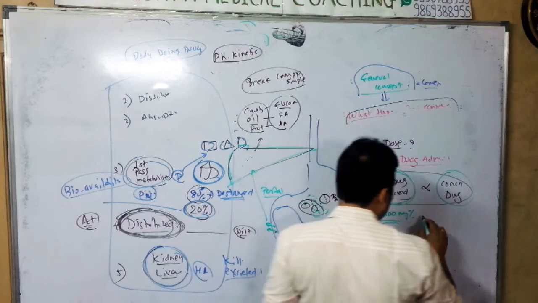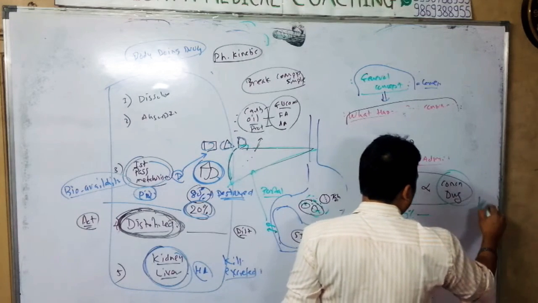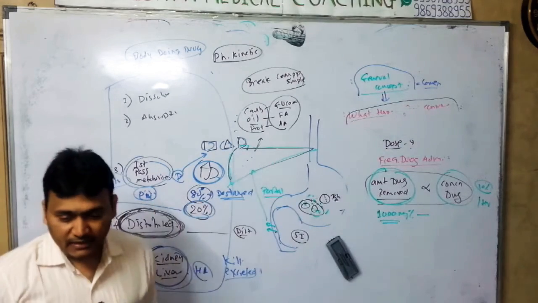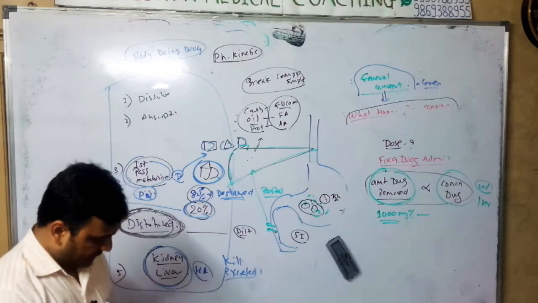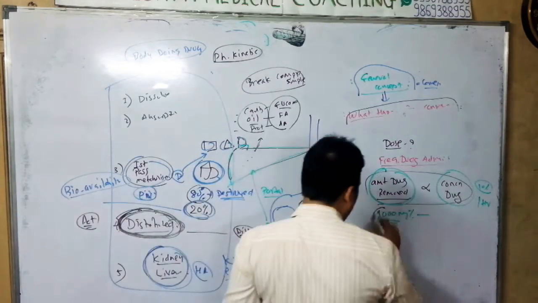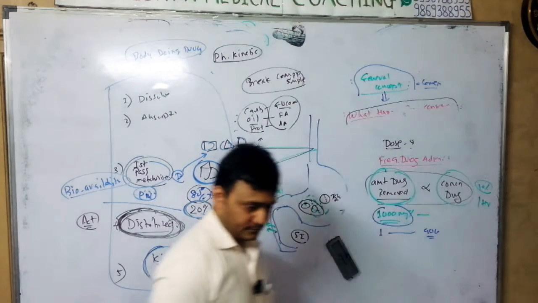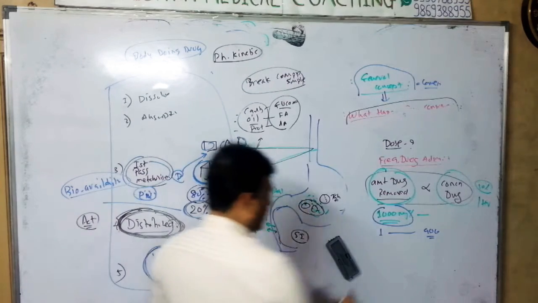1000 milligram percent, and every hour 10% of the drug is eliminated. So let's say अगर 1000 मिलीग्राम है तो पहले घंटे में कितना होगा? 900. सेकंड आवर में कितना होगा?